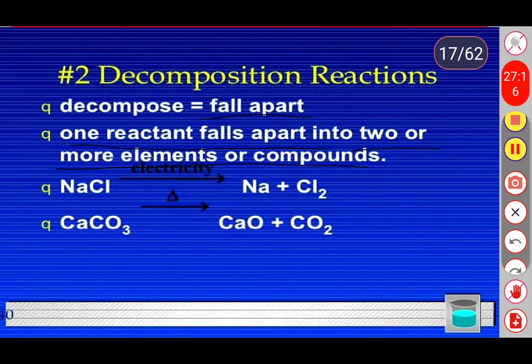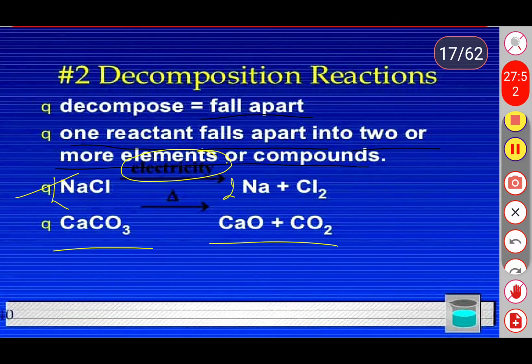When electricity is passed through sodium chloride, it breaks down into sodium and chlorine. So 2NaCl breaks down into 2Na plus Cl2. Next, already discussed in the previous slide, calcium carbonate breaks down into calcium oxide and carbon dioxide in the presence of heat.